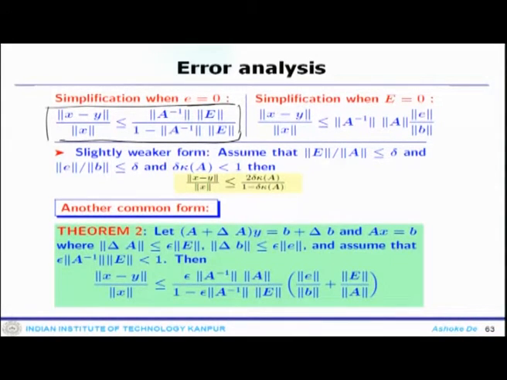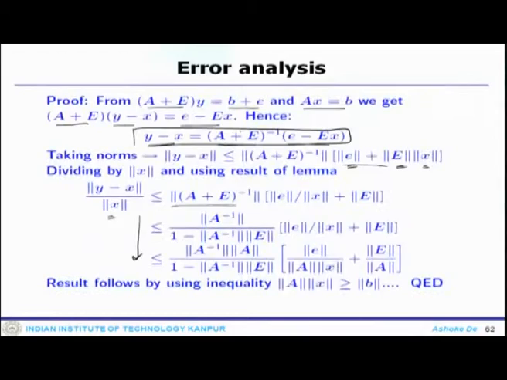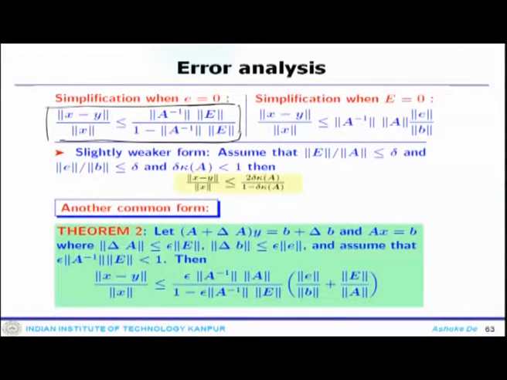From the generic case you can always simplify for the special cases, and the simplification when capital E is 0 is that the norm of x minus y by the norm of x is less than the norm of A inverse times the norm of A times epsilon by B. So, that is another simplification which you can do.